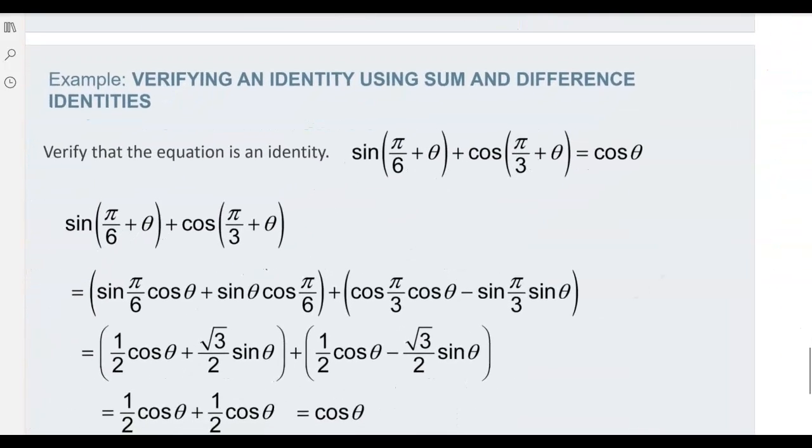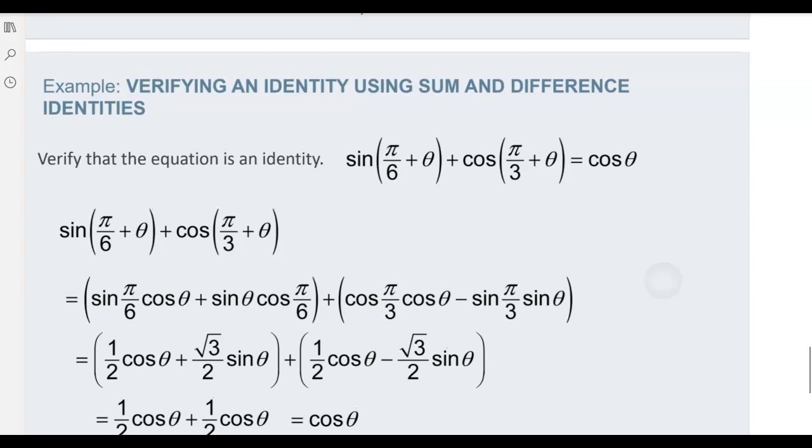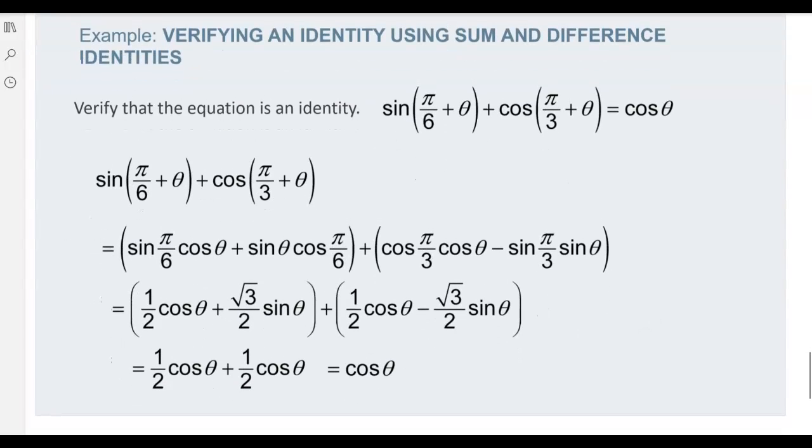And then this last example is just having us verify an identity. It turns out that an identity is something that's going to be true for any angle that we're plugging in. So we're going to prove that for any angle that we plug in here for theta, putting these two things together, we're going to simplify the whole thing to be cosine theta.